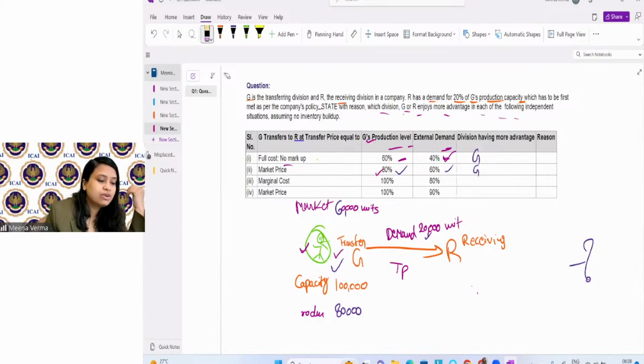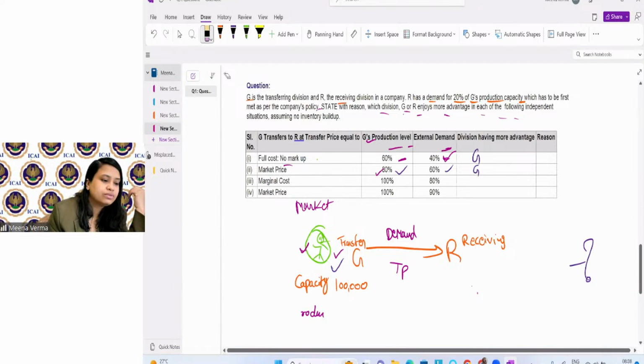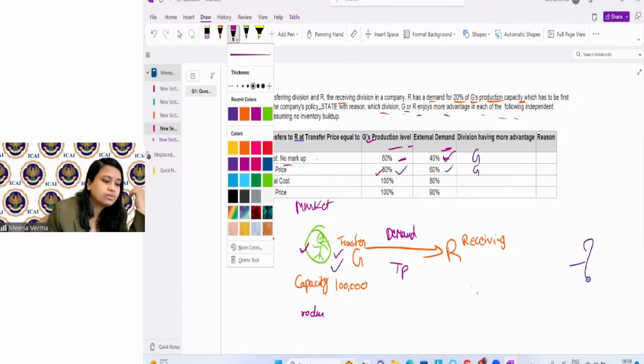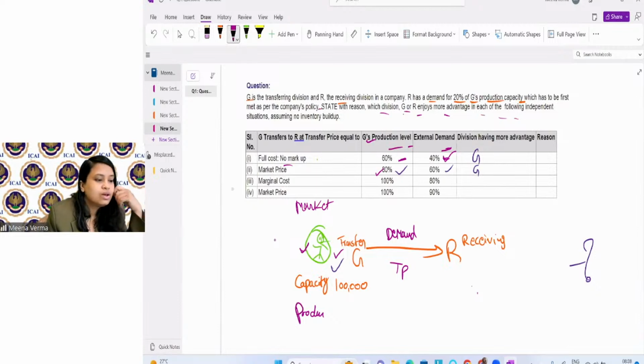In the next scenario, what is happening? Here the transfer price is marginal cost. His production level is 1 lakh units, and he is externally selling 80,000 units.